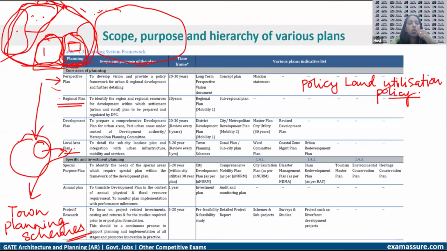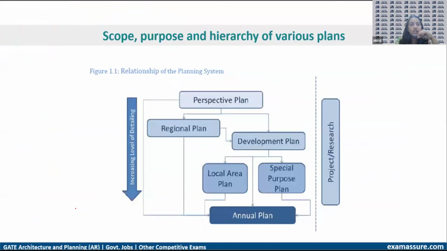Okay. So, if you look at the overall hierarchical system, you have the perspective plan, then the regional plan. Below that, more detailed, is your development plan, then the local area plan, or your town planning schemes in case of Maharashtra. Parallel to that, you could also have your special purpose plans.